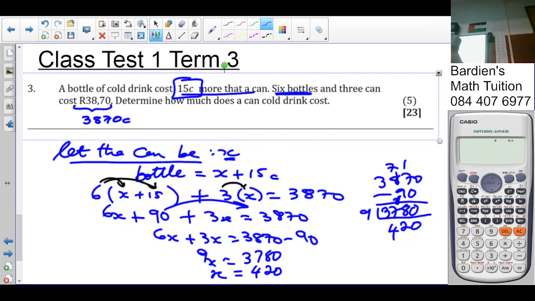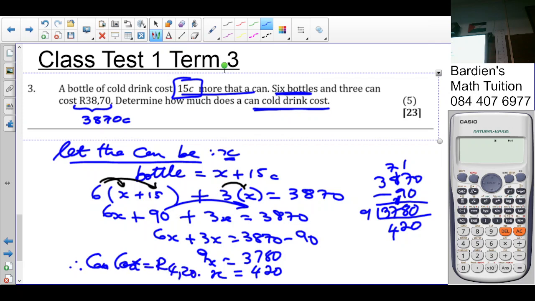Determine how much a can of cool drink costs. Okay, so the can is x. So therefore, the can costs 420 cents, or R4.20 would have been acceptable as well.